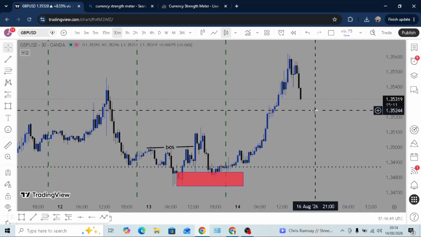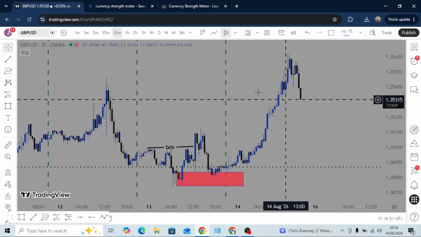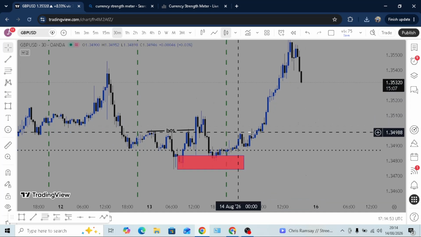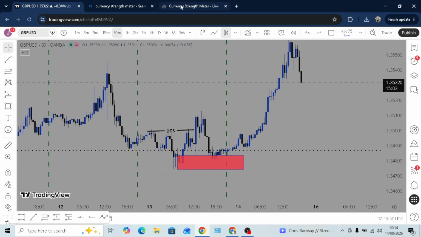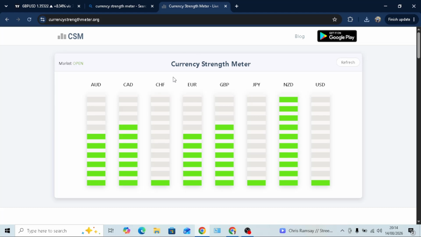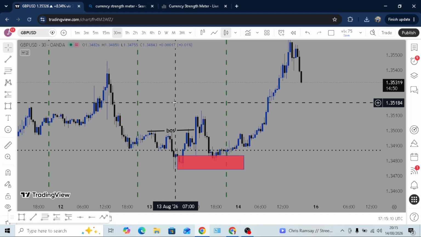So if you have a question, ask me in the comment section below and I will gladly answer you. It's quite simple. You just use this website, and once you've noticed your bias with this currency strength meter, all you need to do is take the stronger one against the weaker one, and trade according to the side that is stronger and the side that is weaker.